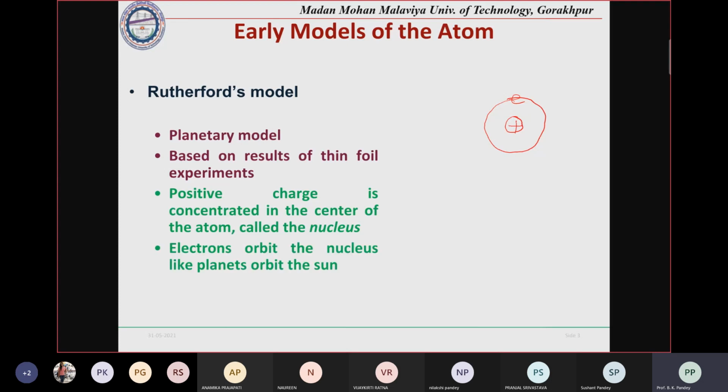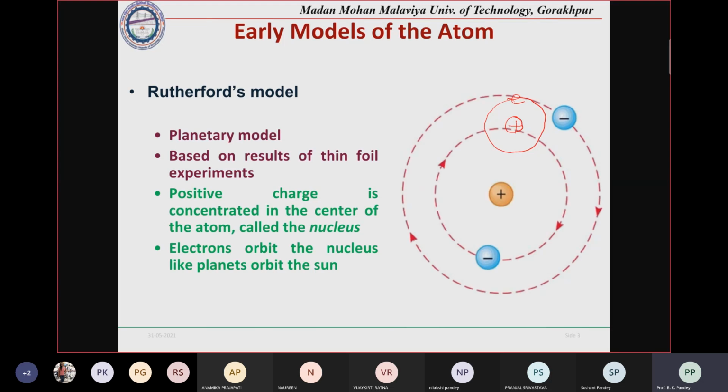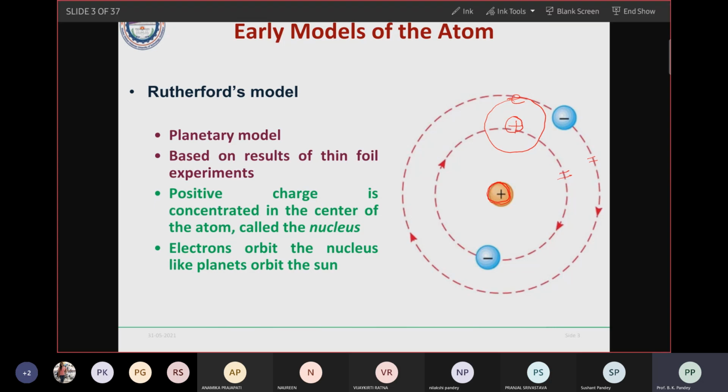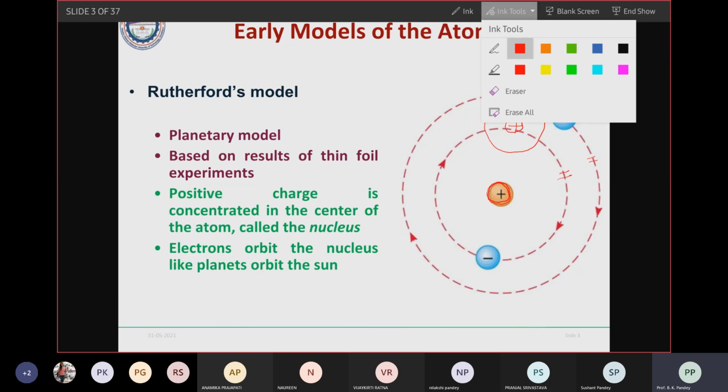Electrons orbit the nucleus like planets orbit the sun. So in this model, this is your nucleus, and these are the different orbits, and electrons are orbiting in the different orbits, just as in planetary motion in case of the sun and other planets.